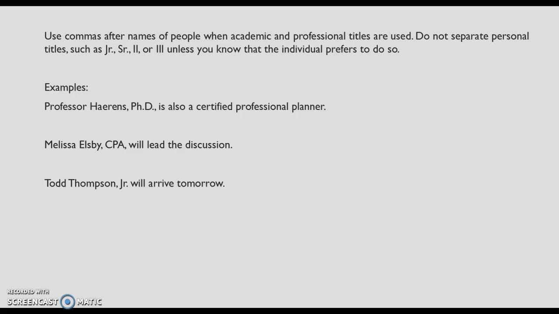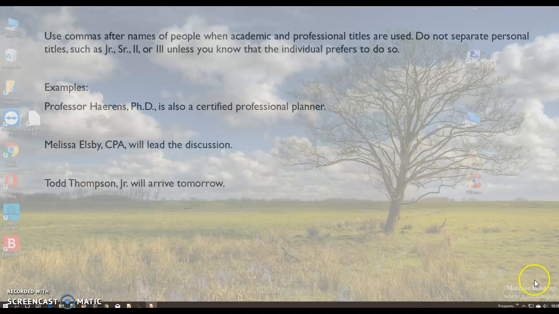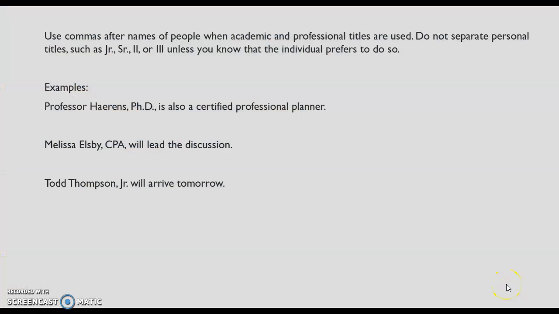See how we have the professional title surrounded in commas. Melissa Elbig, CPA, will lead the discussion. Her professional title is set off in commas. Here we have Todd Thompson Jr. will arrive tomorrow. The junior is not a professional title and does not need to be set off by commas.